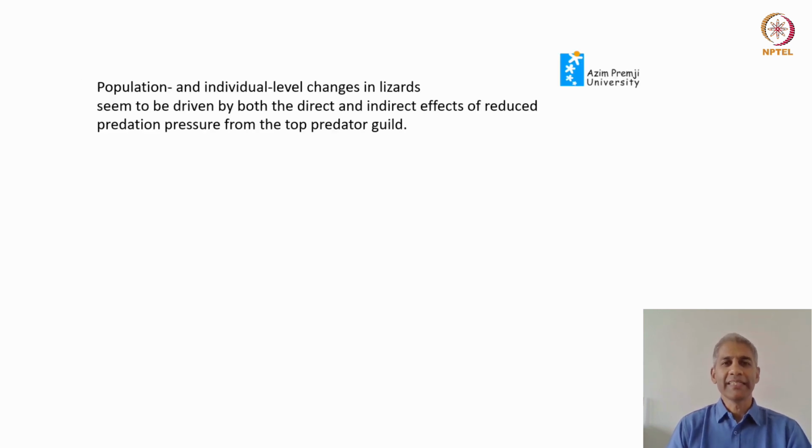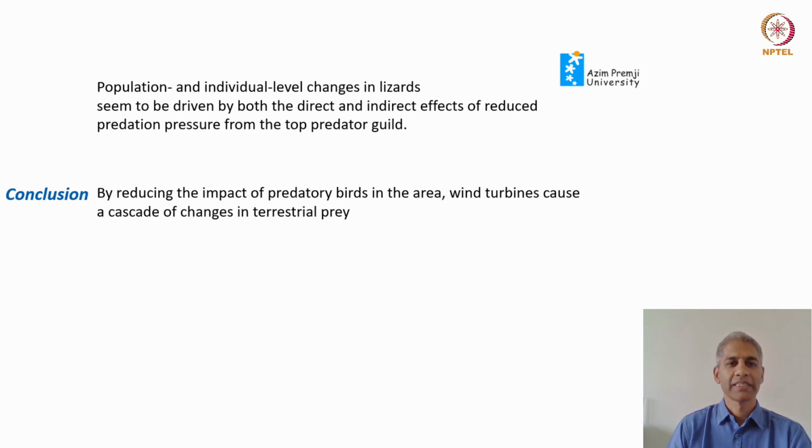So then the authors said that both population level and individual level changes in lizards were driven by direct effects, which means less predation pressure, and indirect effects from the top predator guild, which means the birds of prey. And so the conclusion was that by reducing the impact of predatory birds in the area, wind turbines cause a cascade of changes in terrestrial prey.